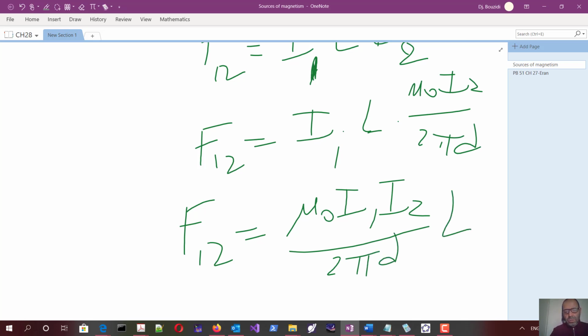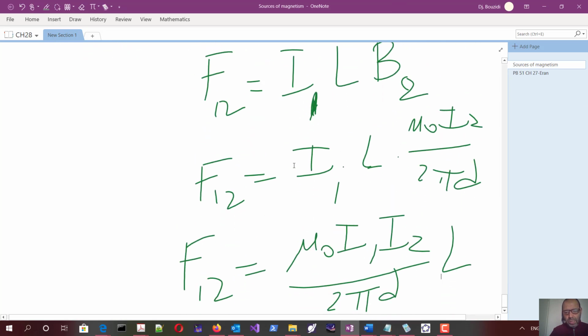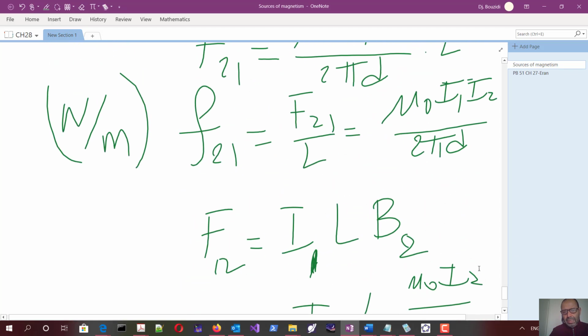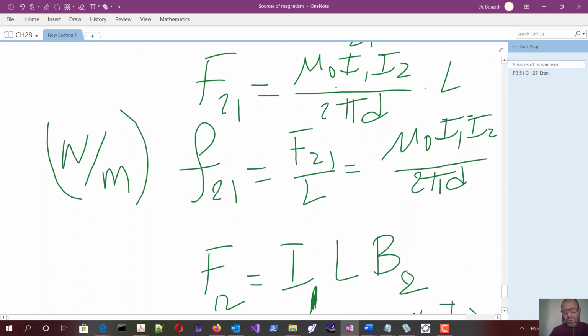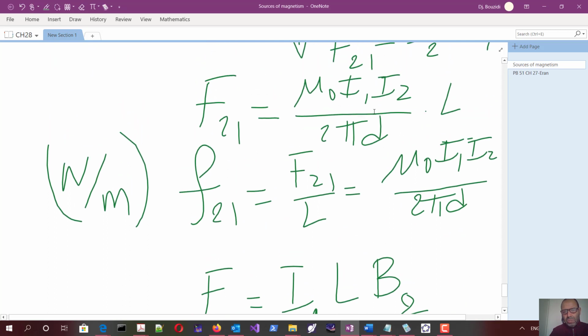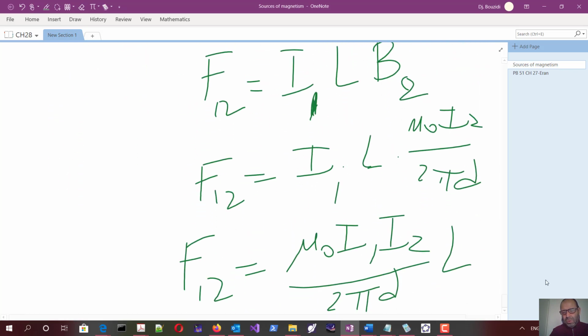So notice, F12, namely the force on the first wire due to the second wire, is equal to mu naught I1 I2 divided by 2 pi d times L. And F21 is equal to mu naught I1 I2 divided by 2 pi d times L. Again, it's an identical force.